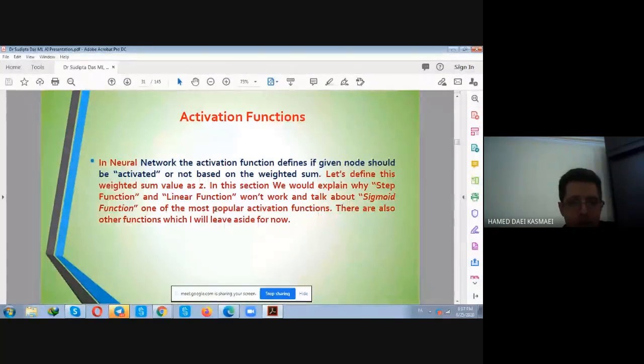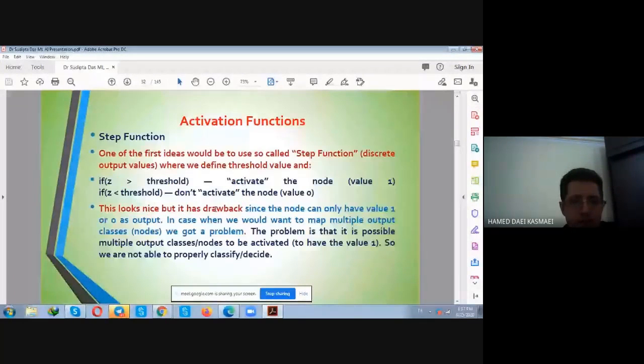Okay. The activation function, the step function: if z is bigger than the threshold, activate the node with value 1, and if z is smaller than the threshold, don't activate the node and consider the value 0. Okay, this looks nice, but it has drawbacks.